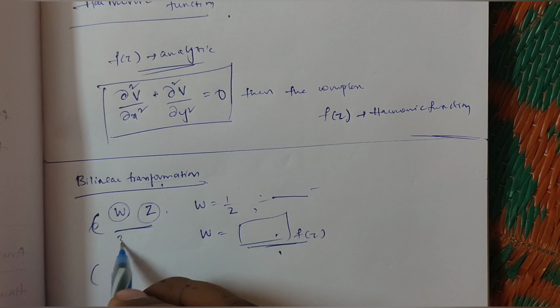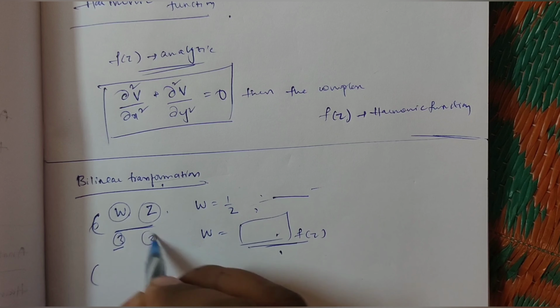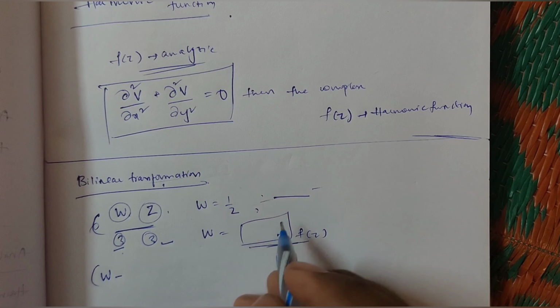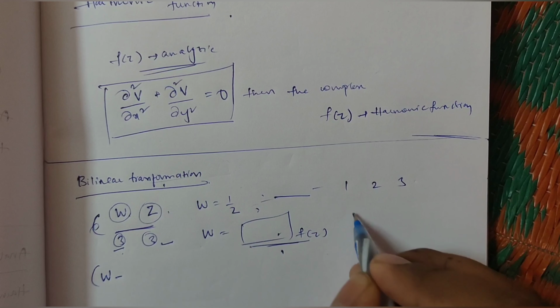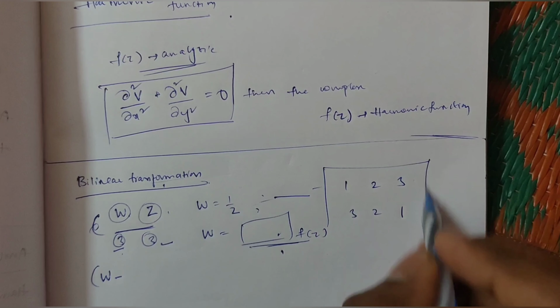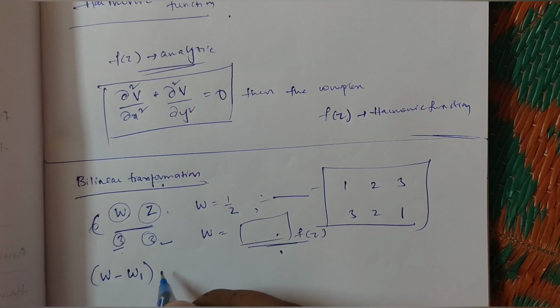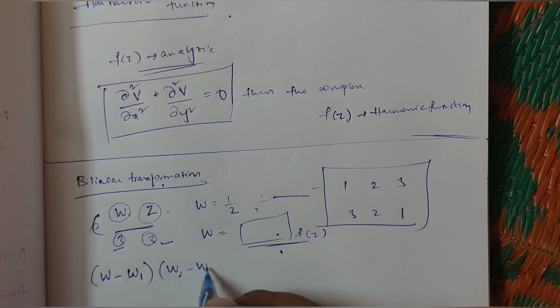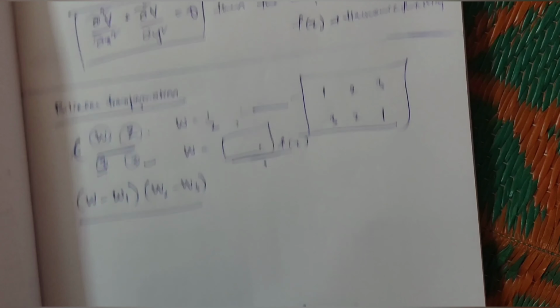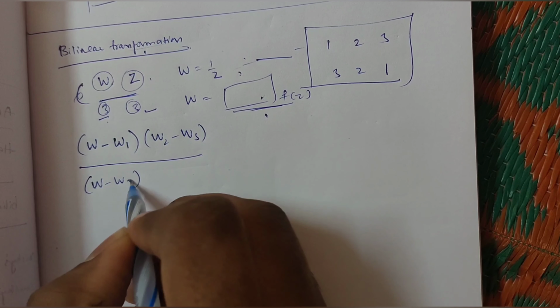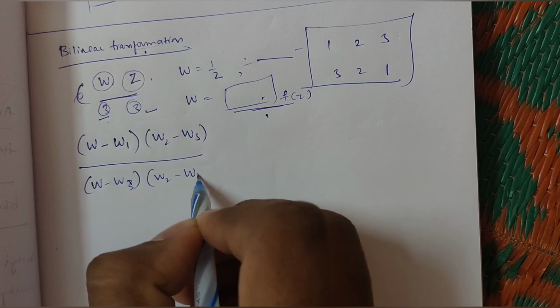If 3 points are given in w and 3 points are given in z, then w minus w1 into w2 minus w3 by w minus w3 into w2 minus w1.